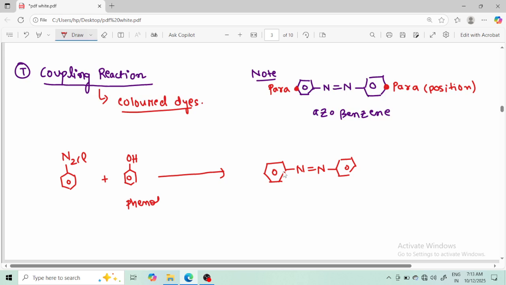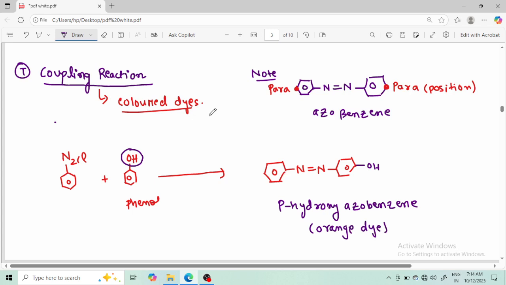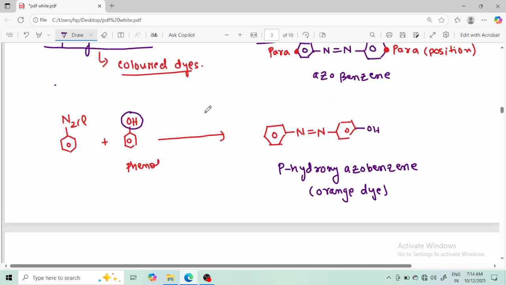Okay, so what part have you used here? OH, yes or no? So at para position you just position this OH. Okay, so this one is called para hydroxy azobenzene, that's the name of this one, and its color is orange, it's an orange dye. Okay, clear? So this is your first coupling reaction.